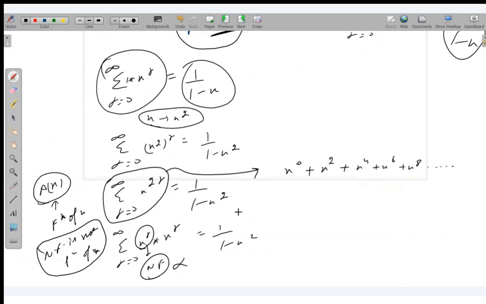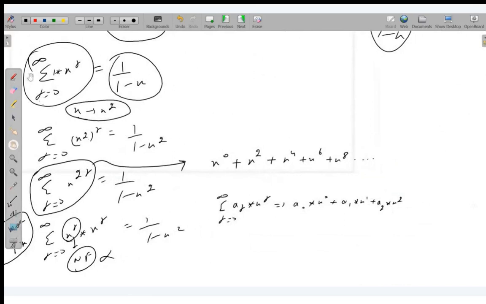Now expand the sum over r from 0 to infinity of ar into x power r. The expansion is a0 into x power 0, a1 into x power 1, a2 into x power 2, a3 into x power 3, a4 into x power 4, and so on. This is the beauty of mathematics: try to link the things. Linking is mathematics only.